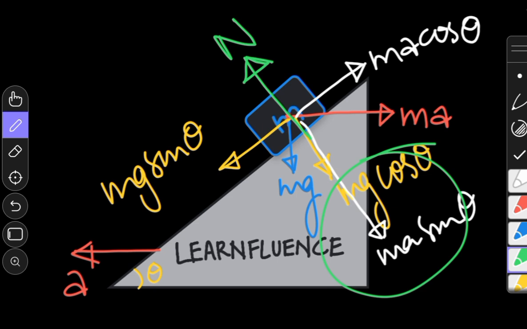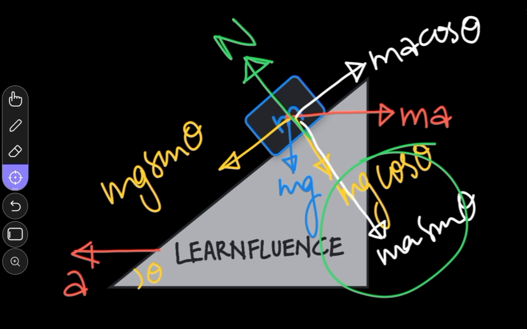So the normal reaction force is balanced by the two forces in this direction, that is mg cos theta and ma sin theta, which means there is no net force along this line. Now there is only a possibility for a net force to be in this line, so let's look at that case also.